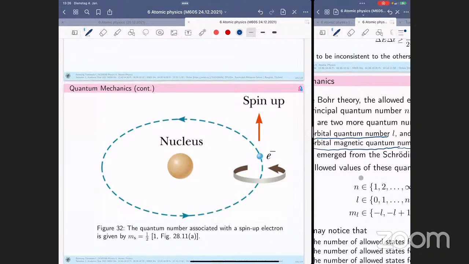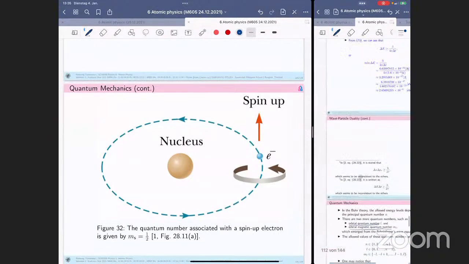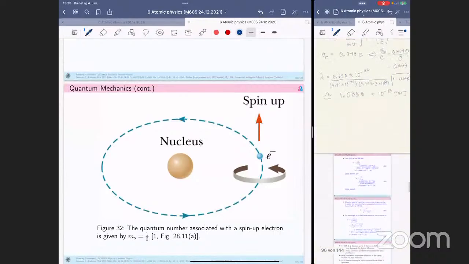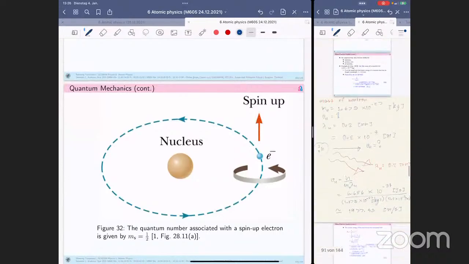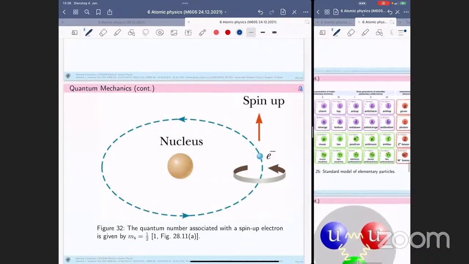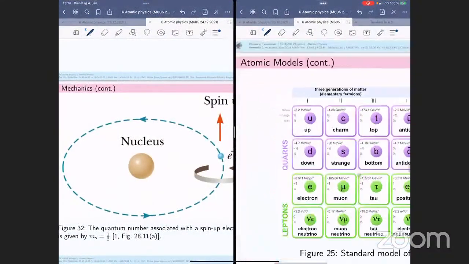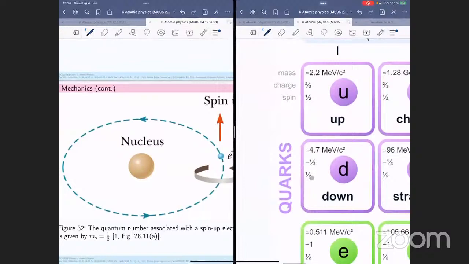That's why we have here the notation m_s equal to 1/2, 1/2 for the up quark, down quark, and so on.